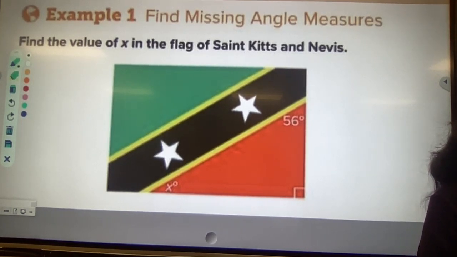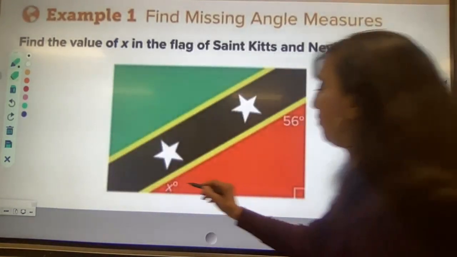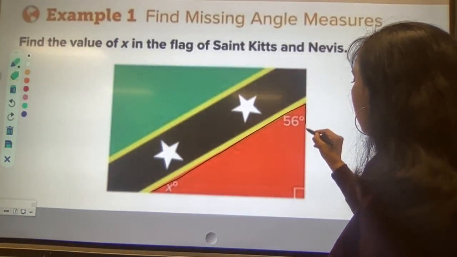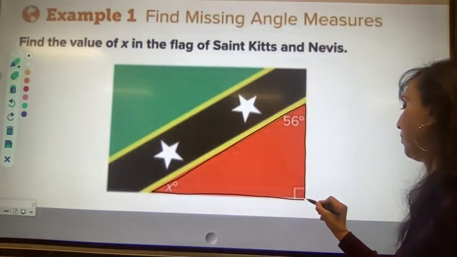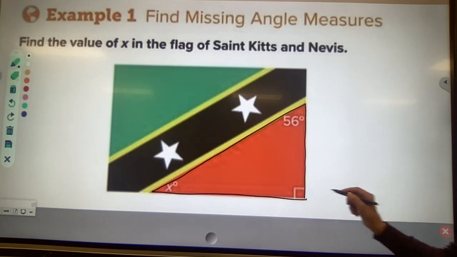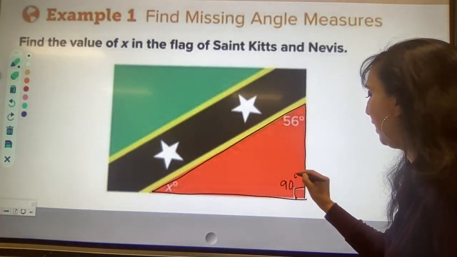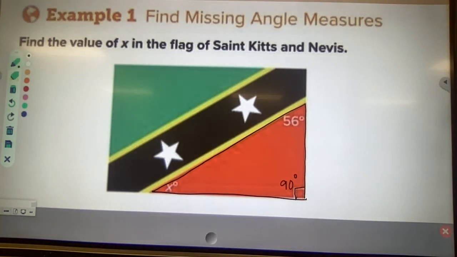So we are going to look at the angles over here to find the value of X. Look, this is a triangle. All right. And if I have this over here, what does this mean? This means that this is a 90-degree angle. All right. And so it's saying find the value of X.